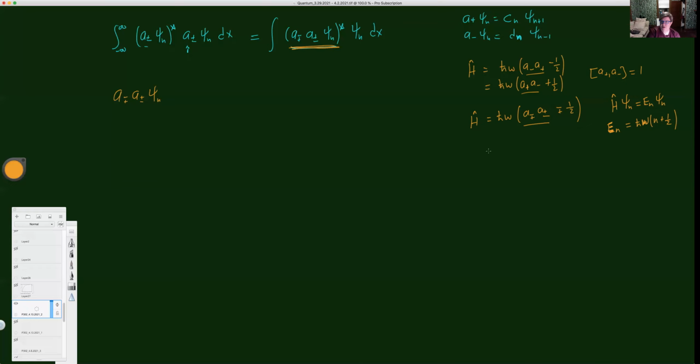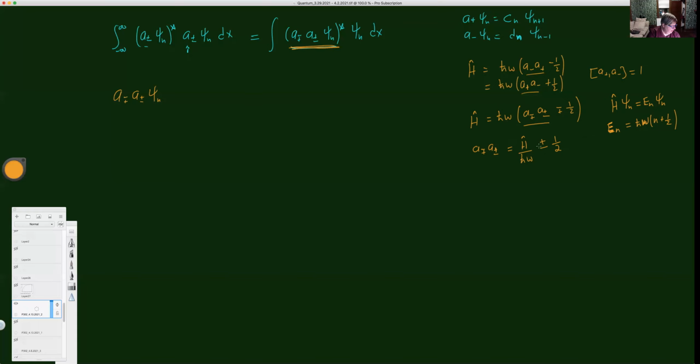All right, so let me solve. So we have A minus plus A plus minus is going to be equal to the Hamiltonian over h bar omega, and then plus minus 1/2, right? So we divided by h bar omega, then we moved the 1/2 to the other side, and we got the plus minus.